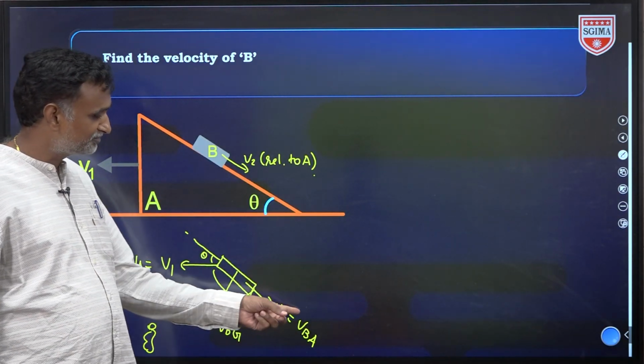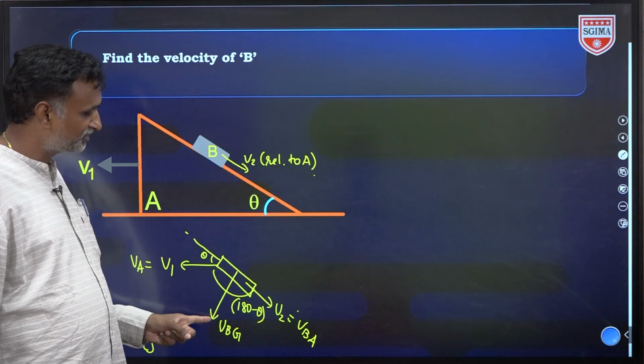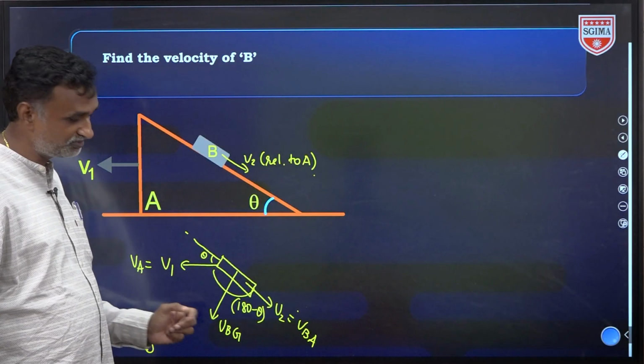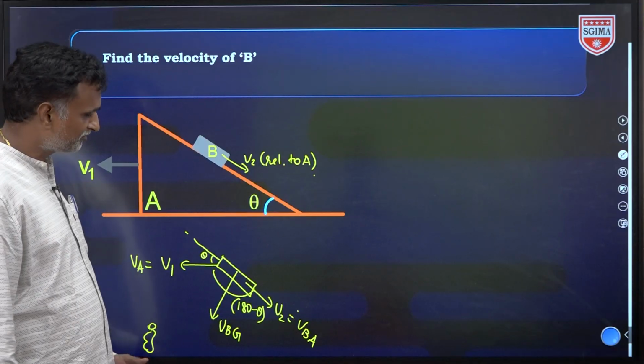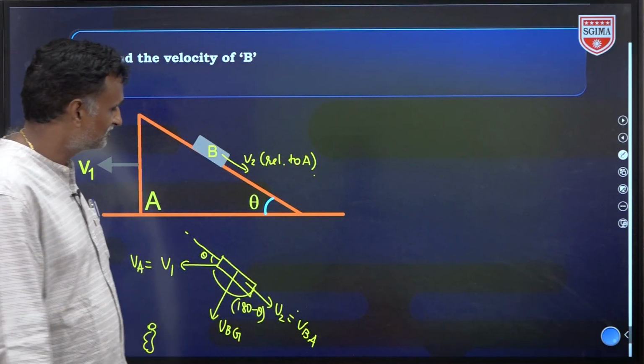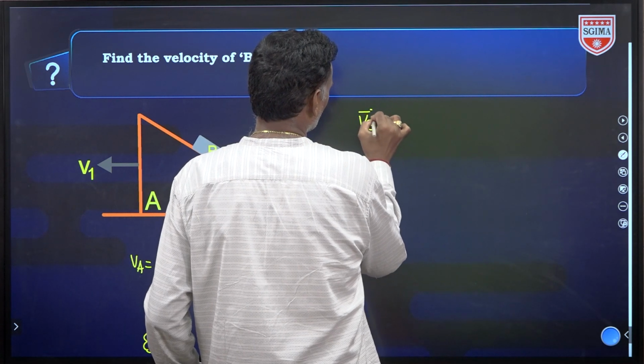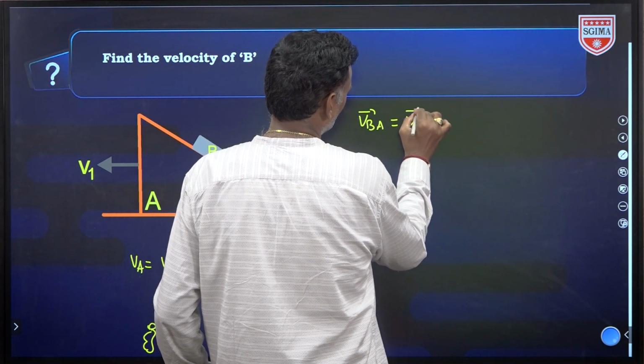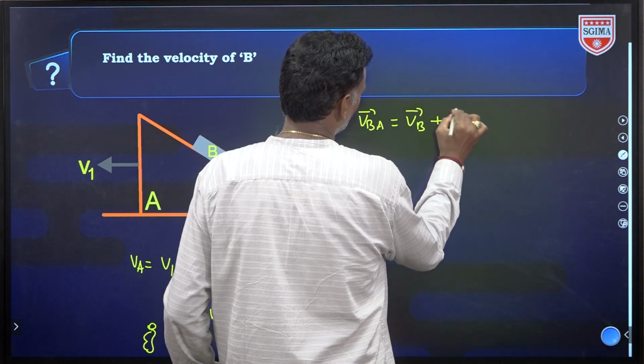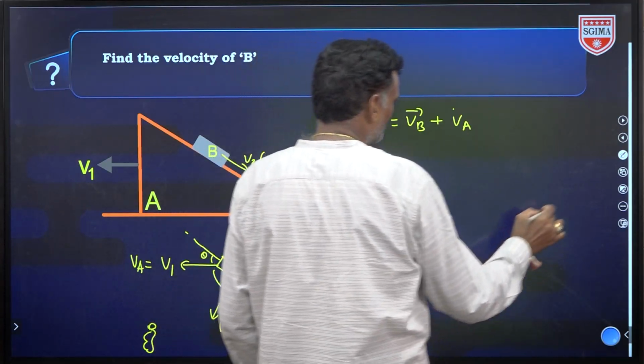One component along this and one component along this we can take, and we will find VBG. Otherwise we can just take VBG. So you can write the velocity of B with respect to A equals VB minus VA, not V plus.